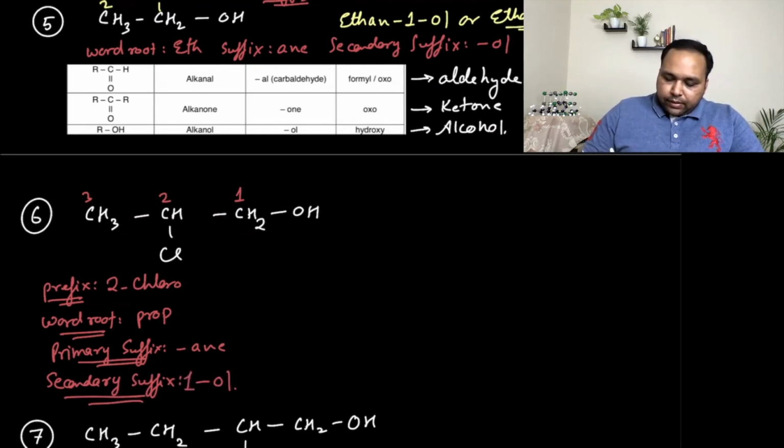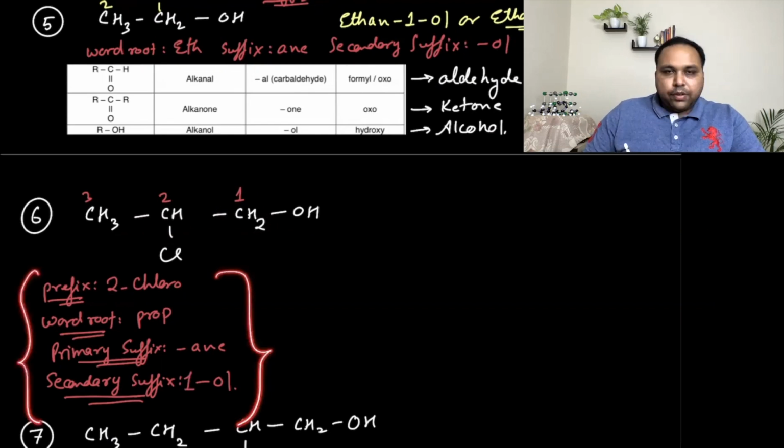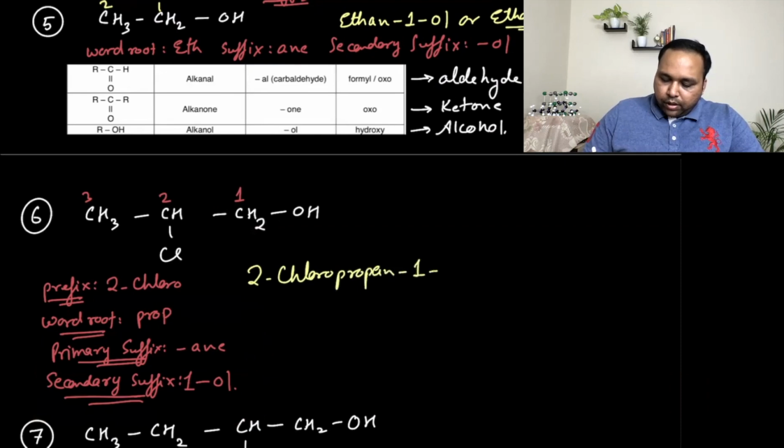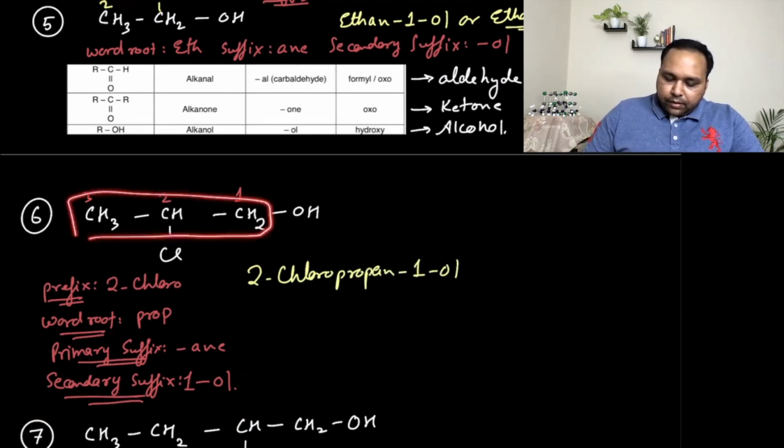When combining these parts, we will get the name of our compound. So when we combine this, you have prefix first, so you have 2-chloro, then you have the word root prop, an, 1-ol. So look at this, you have propan-1-ol, and 2-chloro.